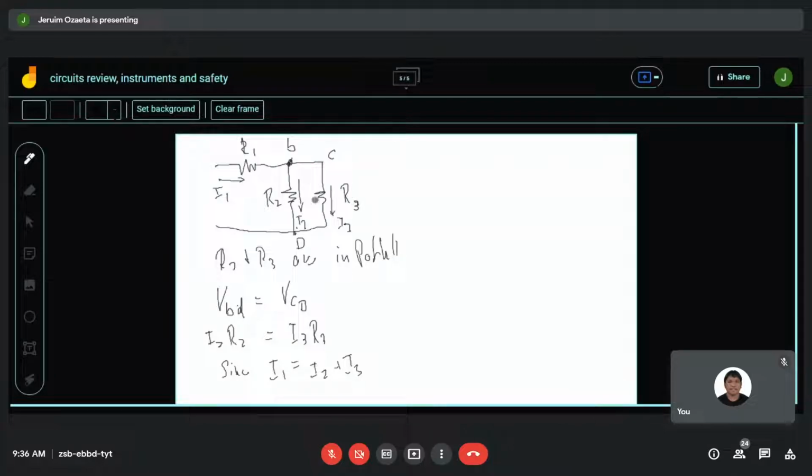So by division, we can get the current at I sub 2 or I sub 3.